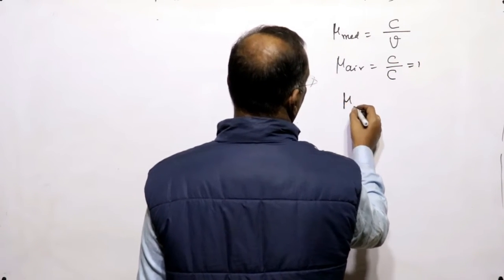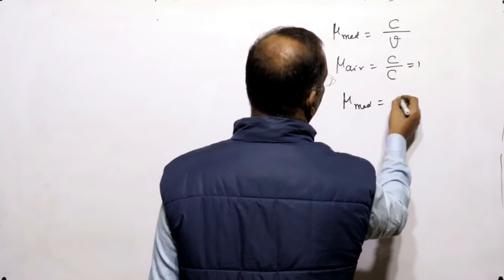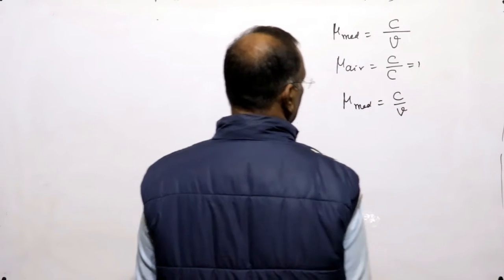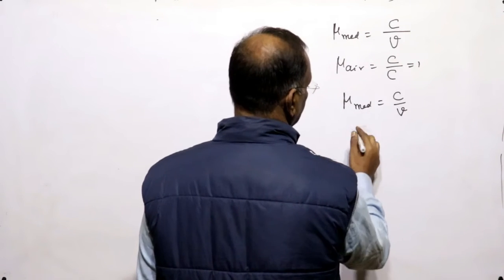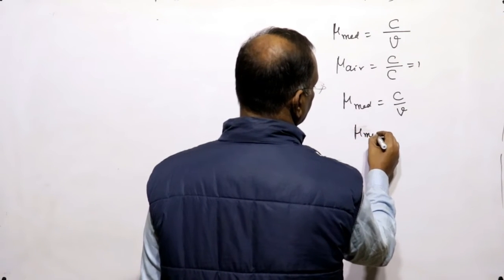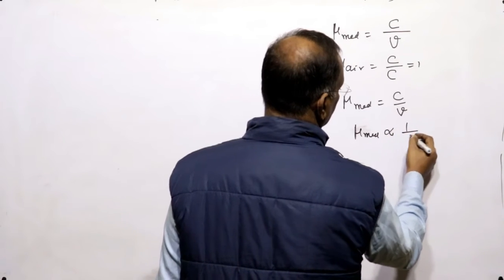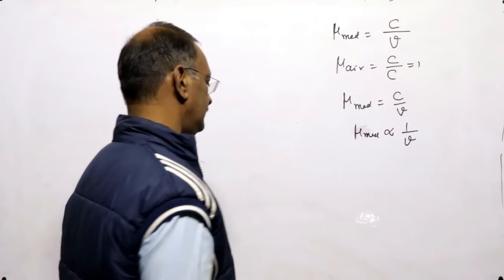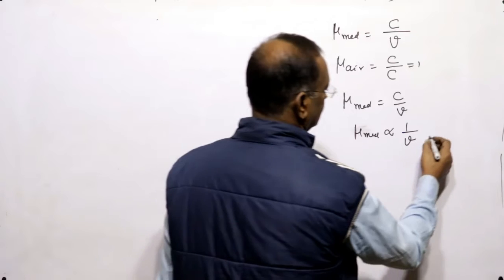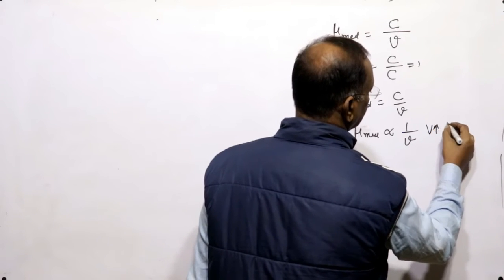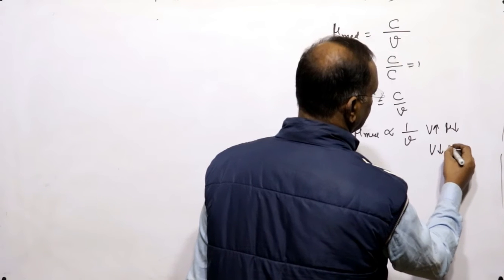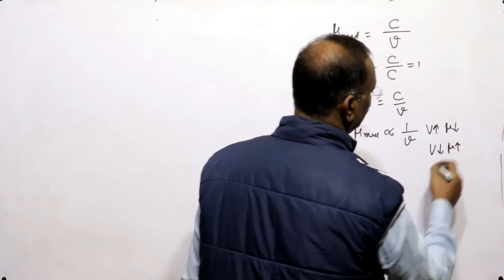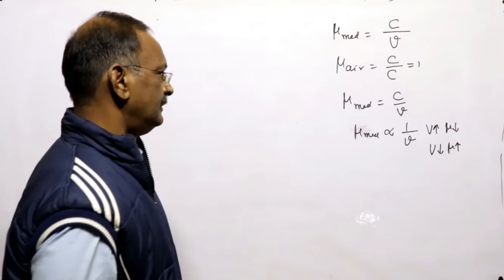And since mu is equal to C by V, the refractive index is inversely proportional to velocity. It means if the velocity is increasing, the refractive index will be decreasing. If the velocity is decreasing, the refractive index will be increasing.